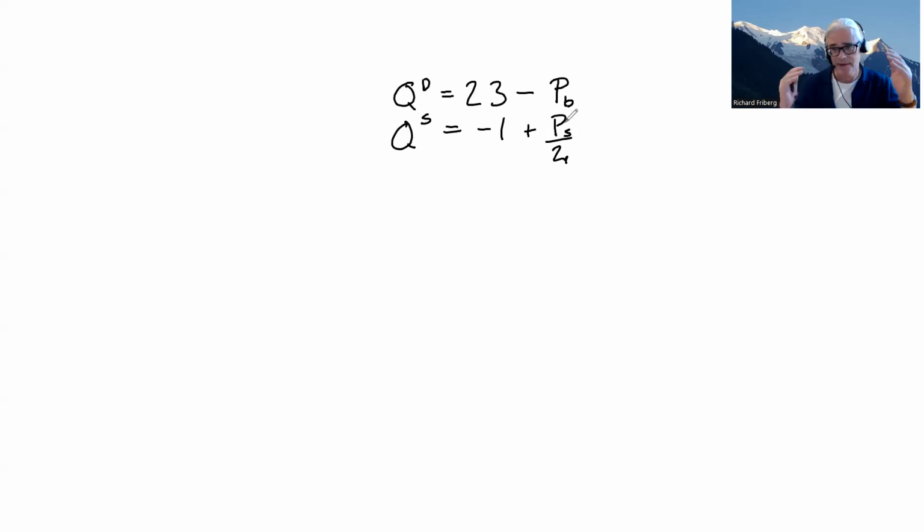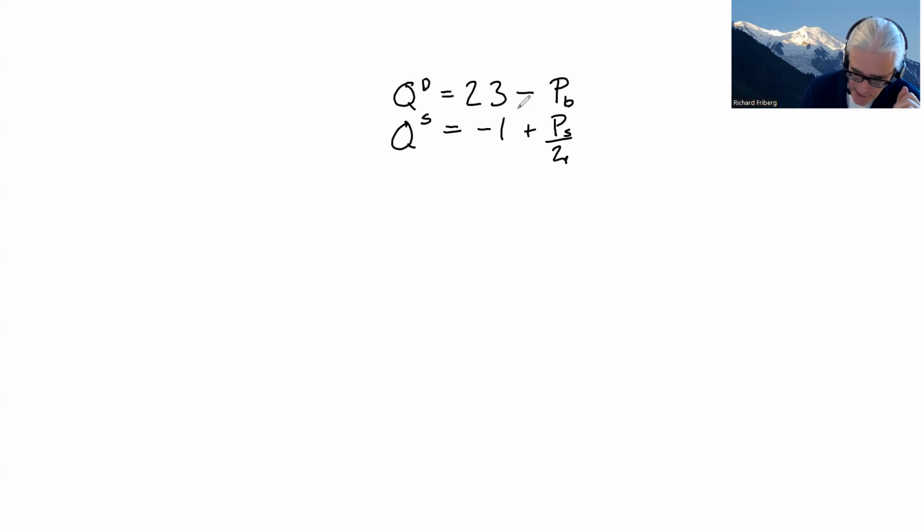So very simple. If the price that producers get is, I don't know, €2, and the tax is €1, then the price that the consumers are paying is 2 plus 1, €3. So the tax is the difference between the price that the buyers pay and what the sellers get.